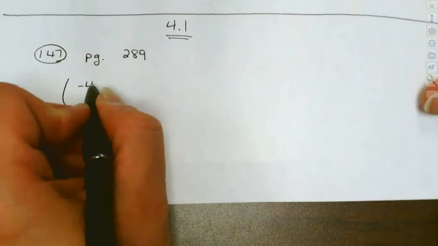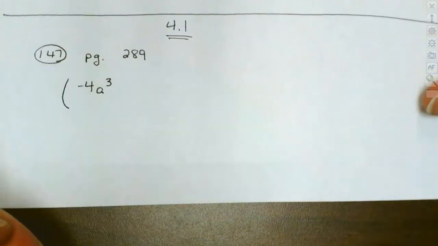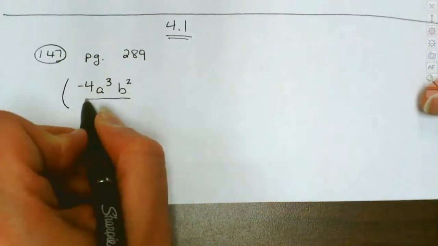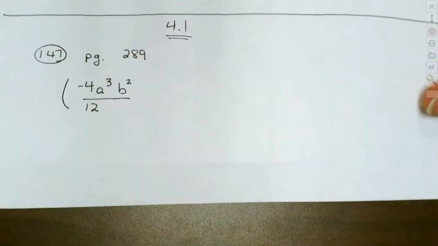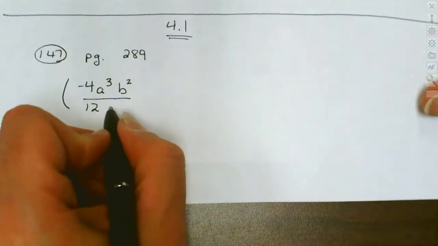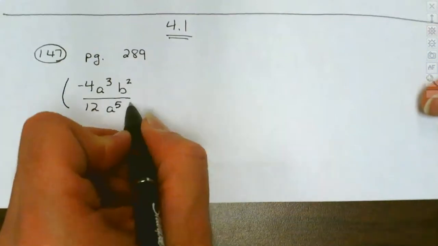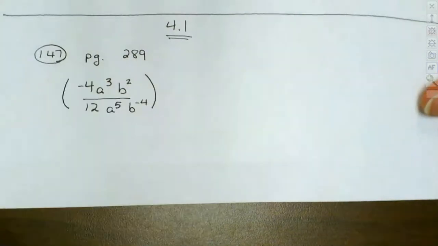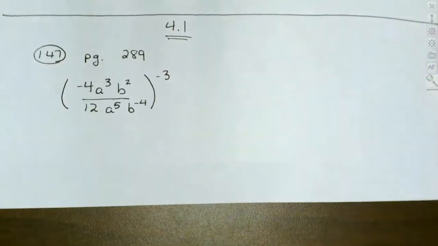So we have a minus 4 a cubed b squared over 12 a to the 5th b to the negative 4th, all raised to the negative 3rd power.